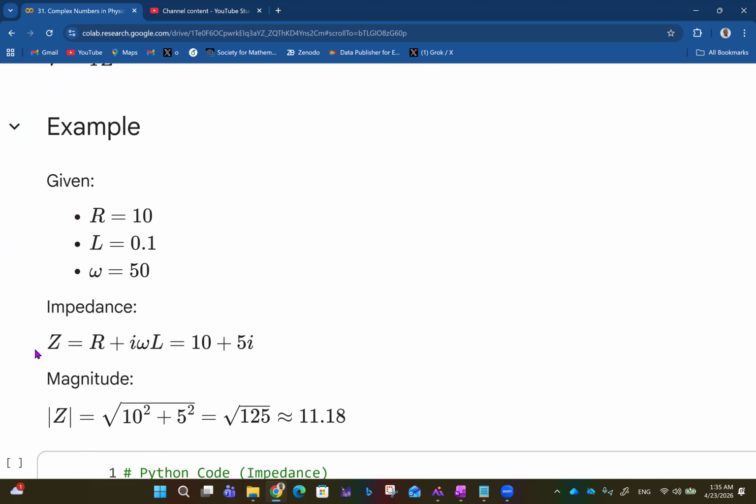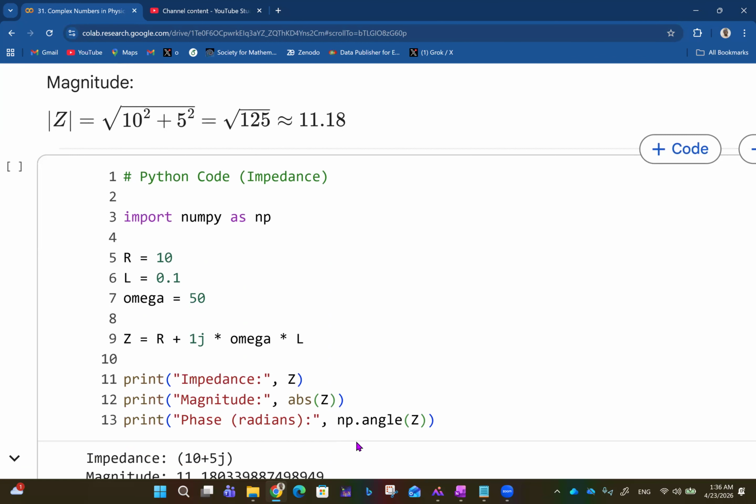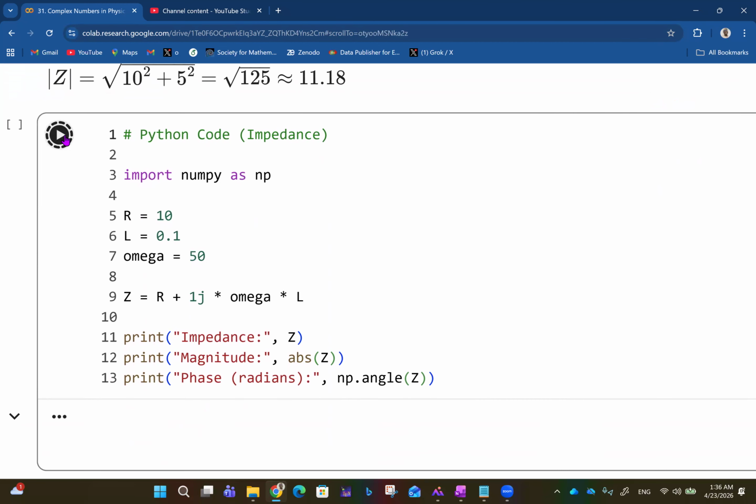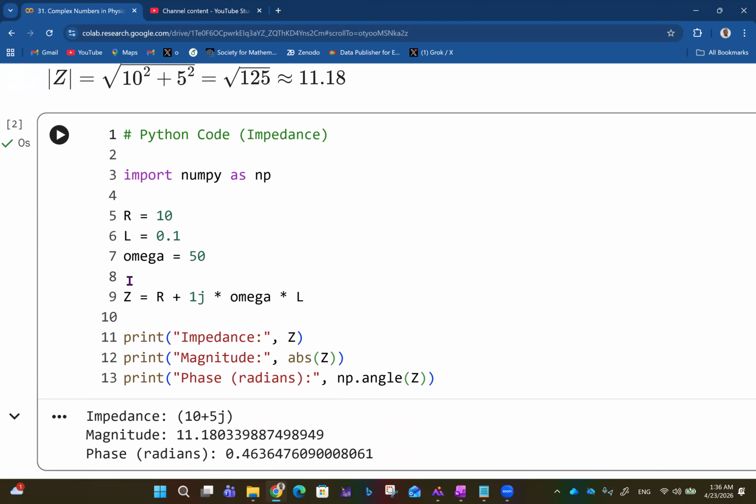So the impedance can then be given as Z equals R plus I omega L, which is 10 plus I omega, that's 0.1 times 50, which is 5I. So the magnitude then is the square root of 10 squared plus 5 squared, and you get the square root of 125, which is approximately 11.18. You can do that using Python code. So you have R to be this, L is that, omega is this, and then you define the formula.